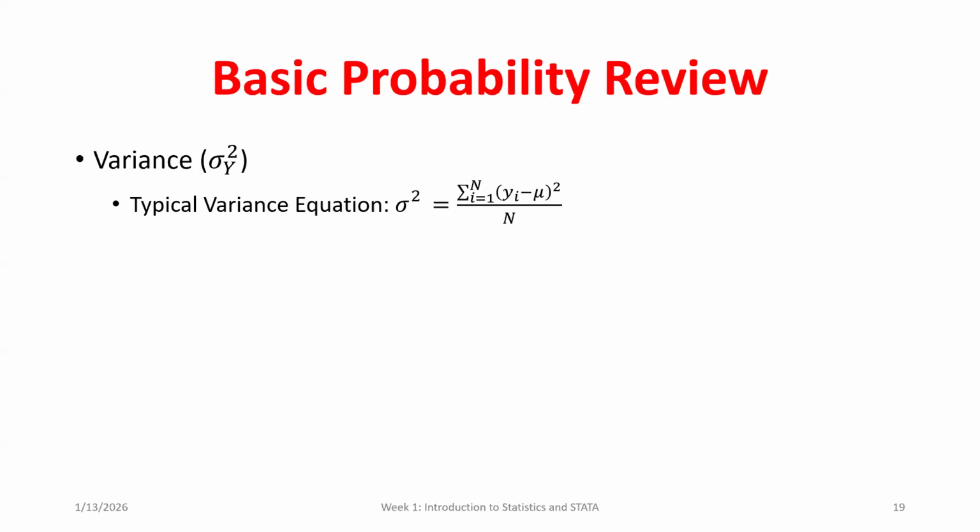If I were to look at the variance for this data set, I would calculate this average. And if I had a very similar data set, but this was like 100, right?